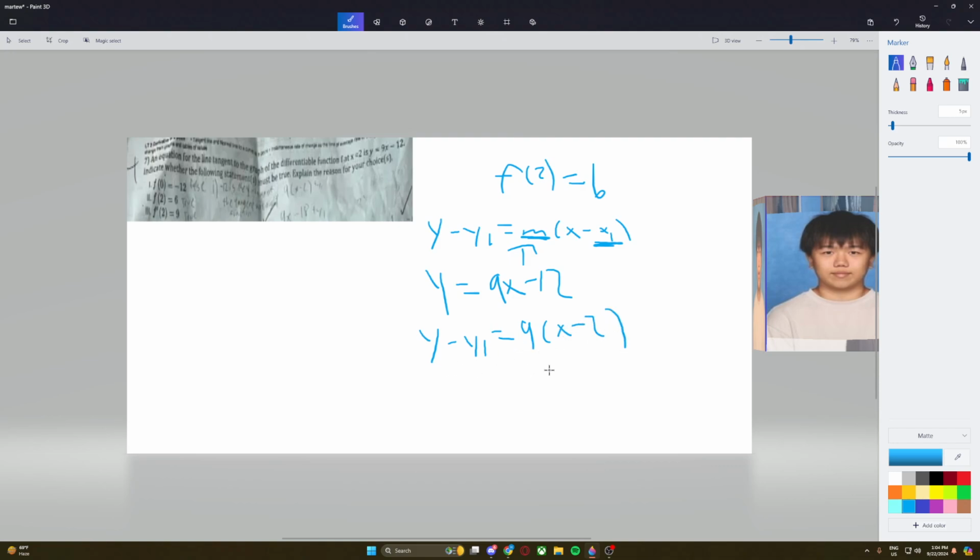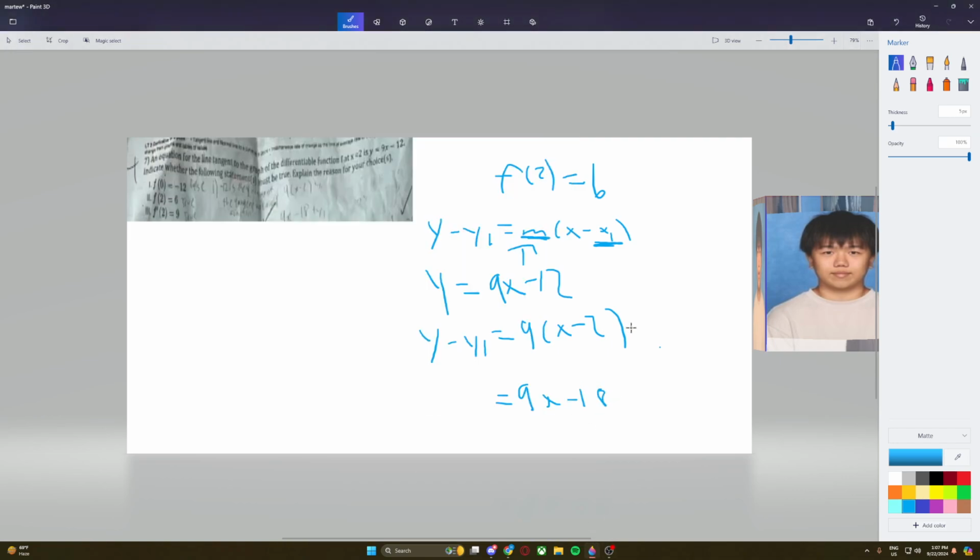Now, to solve for y1, y equals 9x minus 18.